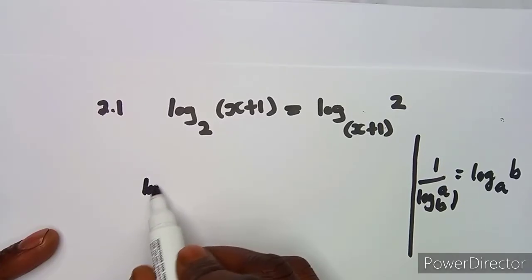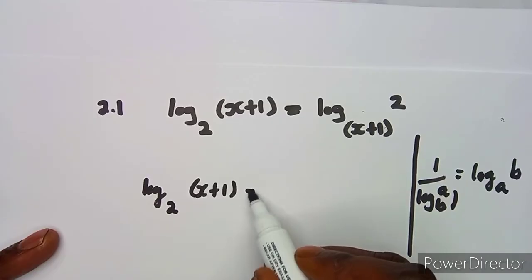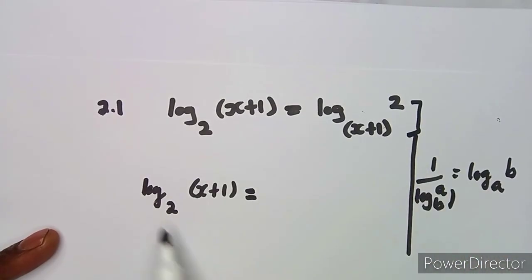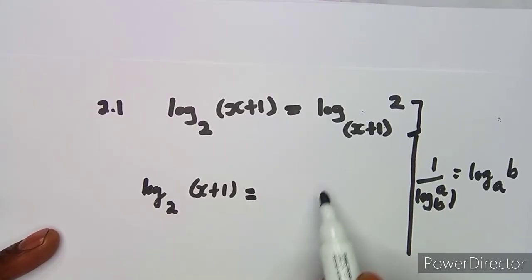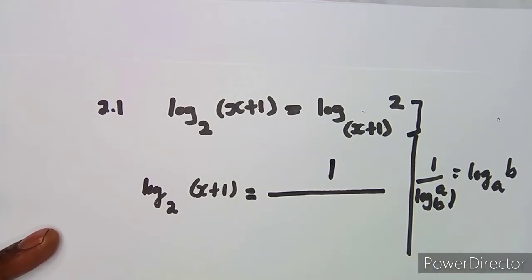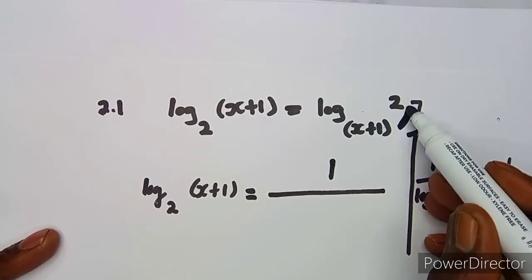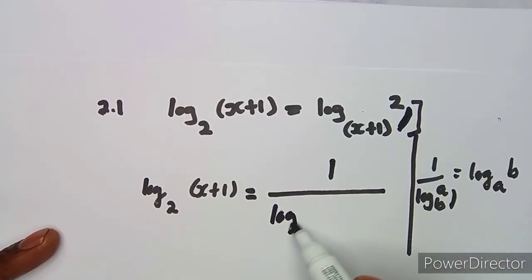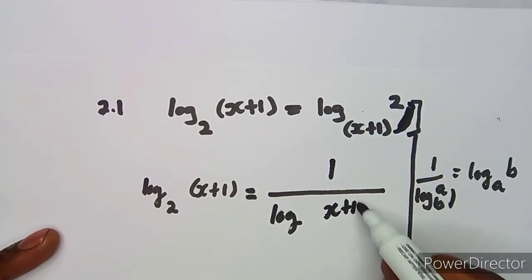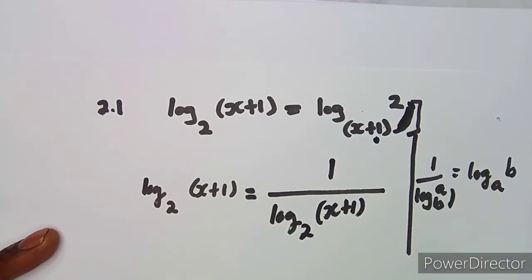So I can have this as log x plus 1 in base 2, which is equal to, so for me to write this log in terms of base 2, I'm going to introduce 1 over, so it is going to be 1 over like this. The moment I introduce 1 over, I interchange these two numbers, so it's going to be log x plus 1 in place of 2, so it's going to be x plus 1, then 2 in place of x plus 1, so it will be base 2 like this.